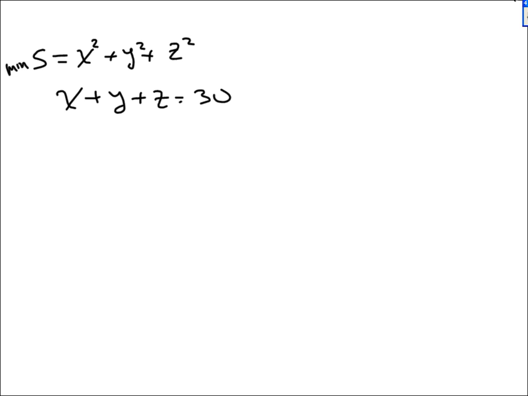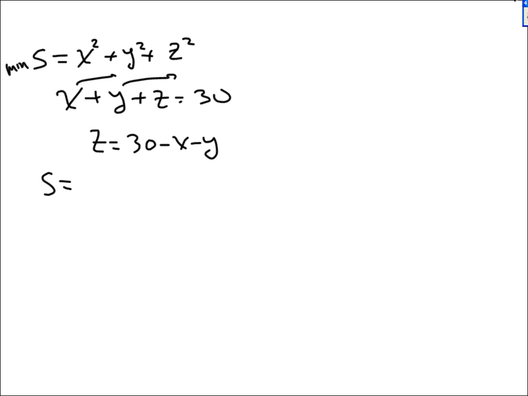So, you need to get rid of one of the variables. You get rid of, say, z. You don't have to, but you could. z is 30 minus x minus y, just like it was in the last problem.